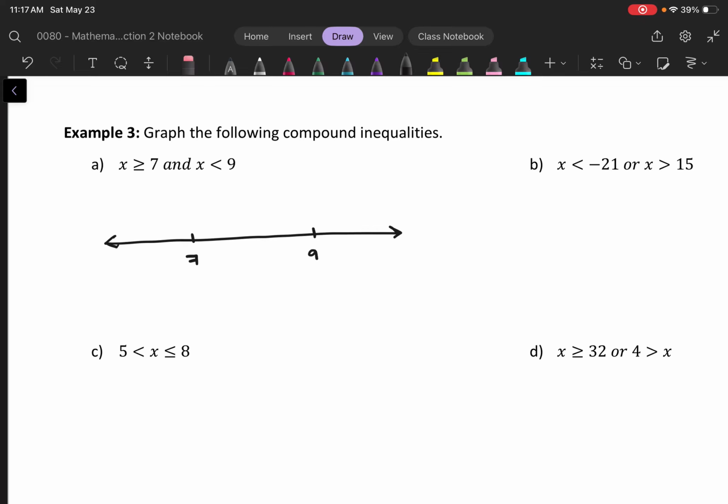I'm welcome to add additional numbers in here. I am actually not expecting you to have to put additional numbers on here. So if you wanted to, you can go ahead and put other numbers as long as they're spaced evenly apart. But you do not have to. I am okay with you just having those 2 endpoints for a compound inequality.